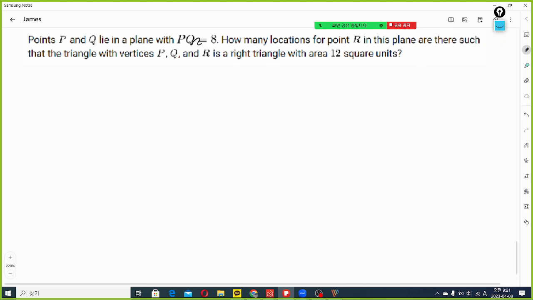So let's make this segment. The length of the segment is 8. And we want to make a triangle, a right triangle, with an area of 12 square units.